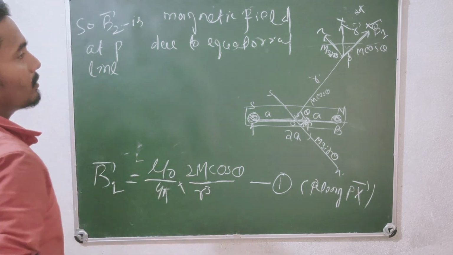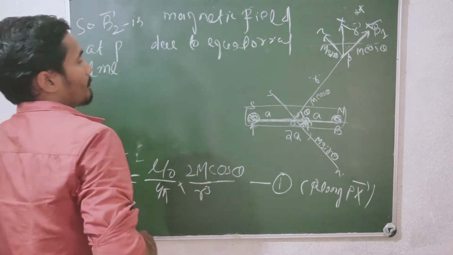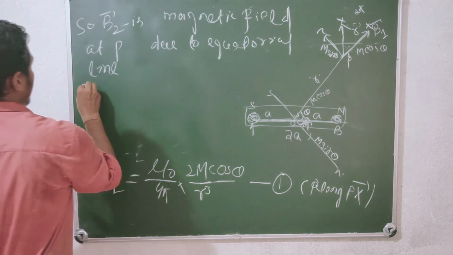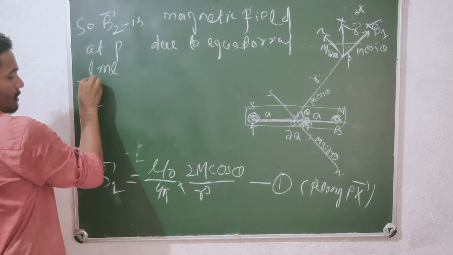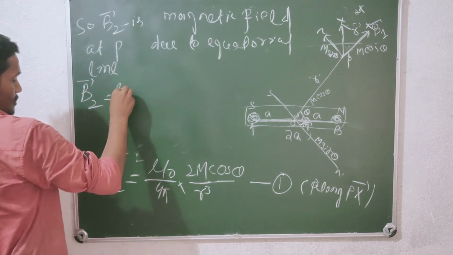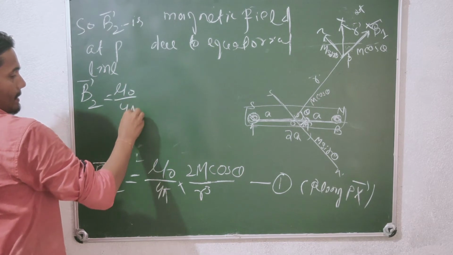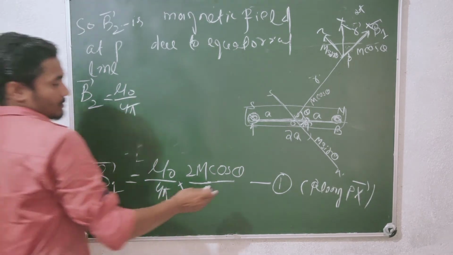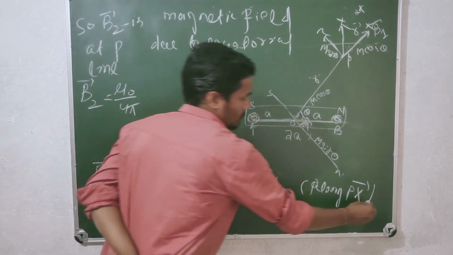So what will be B2? B2 vector is equal to mu naught upon 4 pi along Px. It will be equation 1.